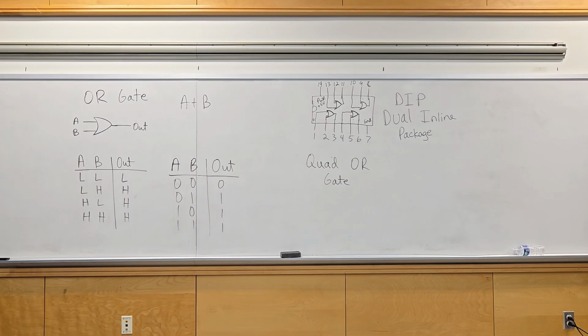But these form the basic elements of all logic circuits within computers. They're all based off of these three basic gates. There are other gates that are also used for increased efficiency and that sort of thing, which we'll get into at a later time, but these are the ones that you're going to be using in the digital logic lab.